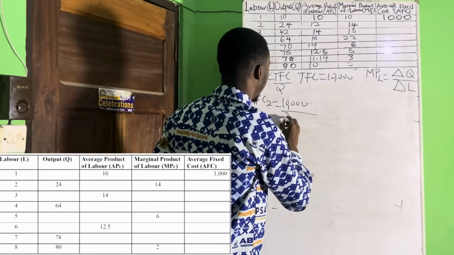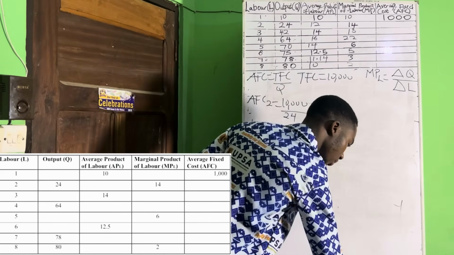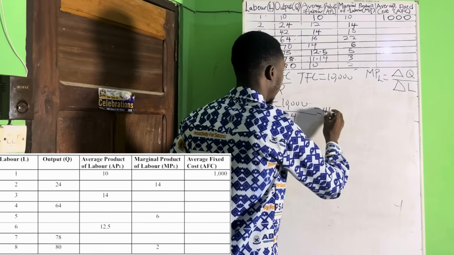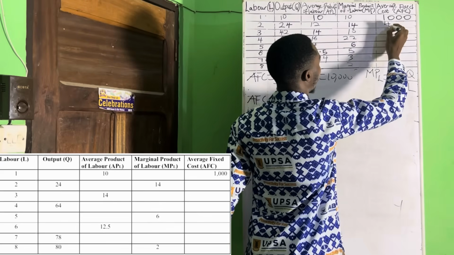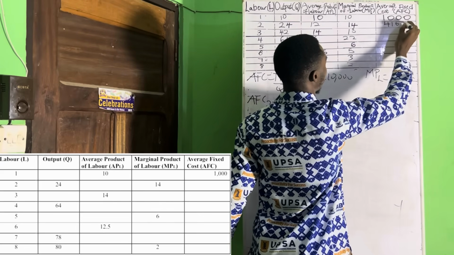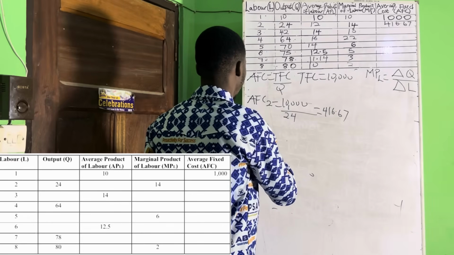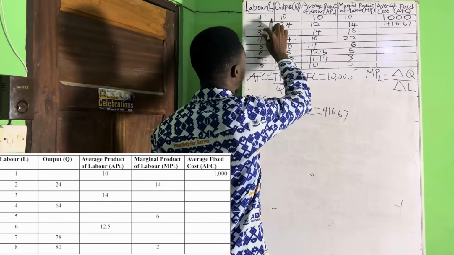That's 24. So when we punch this on the calculator, we should be getting 416.67, right? 416.67. Then we find the average fixed cost for the third one, you get it.